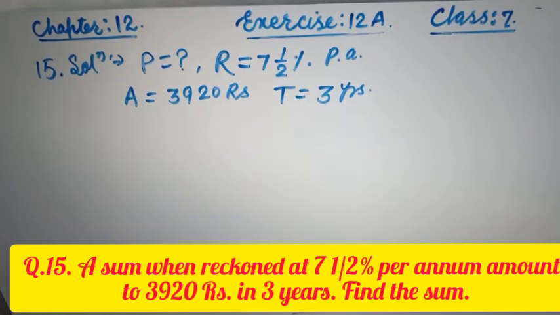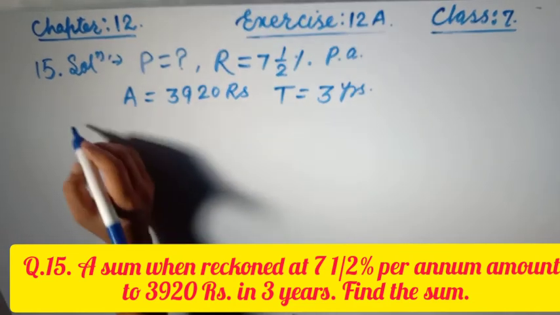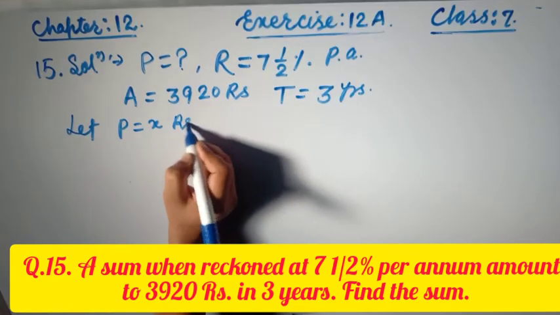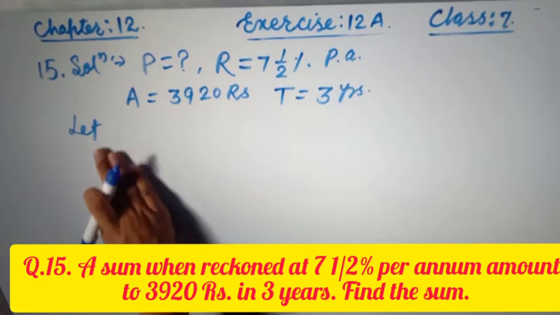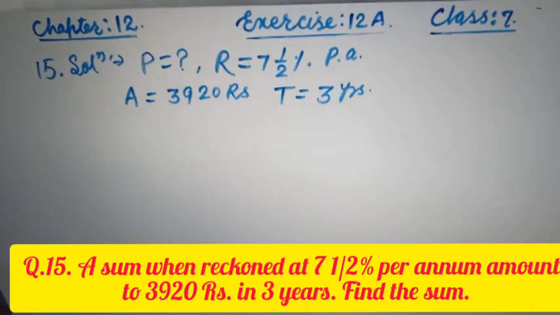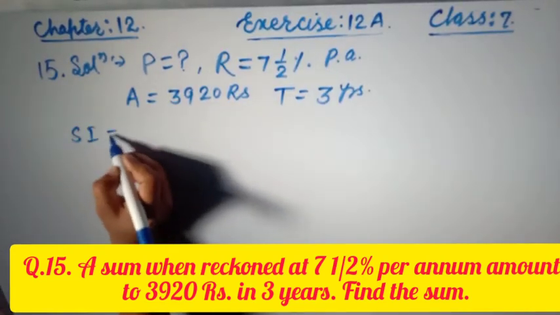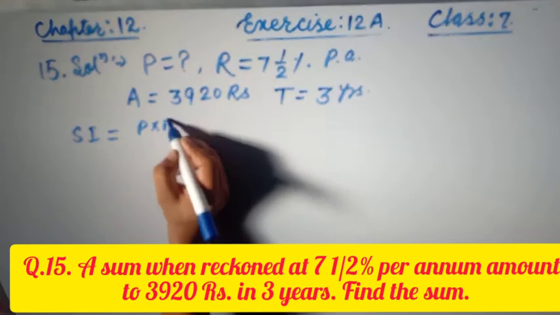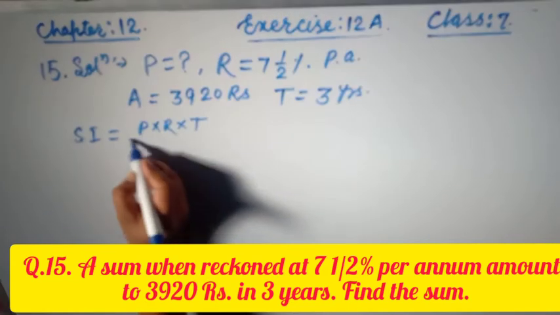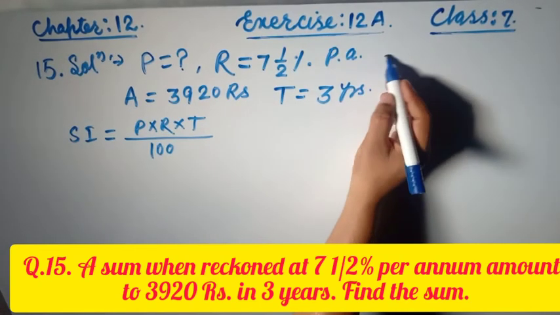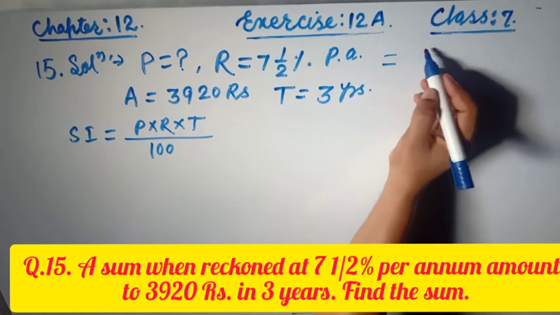So here friends, we have to find the P. Let's suppose P is equal to X, or either as it is P, that we have to find. No matter. Now see, from the formula SI is equal to P into R into T divided by 100. First friends, we have to change this R in terms of improper fraction.